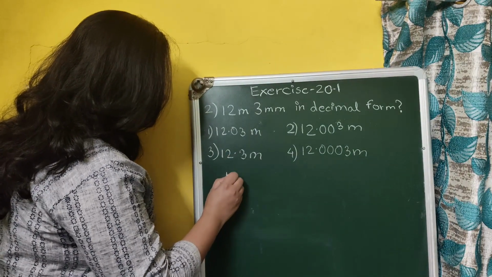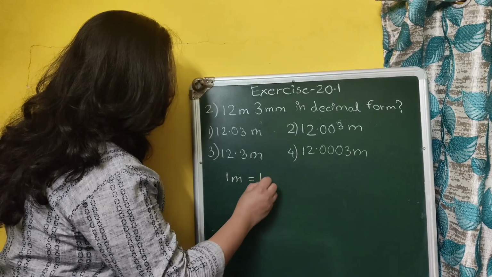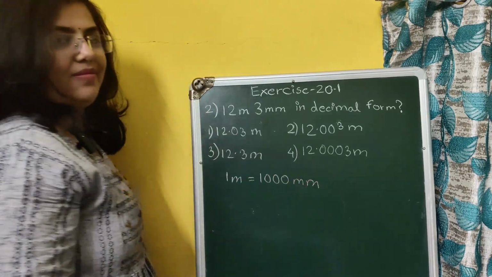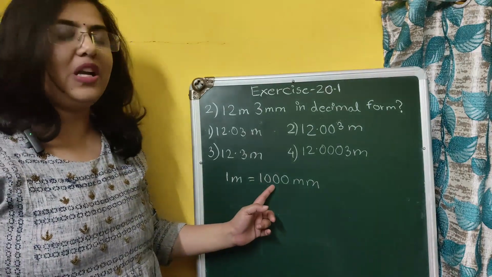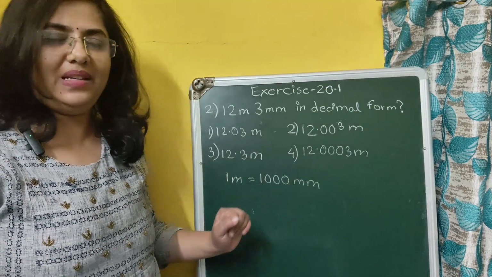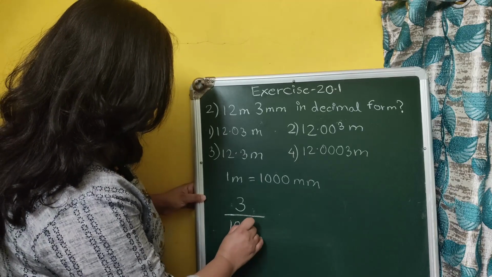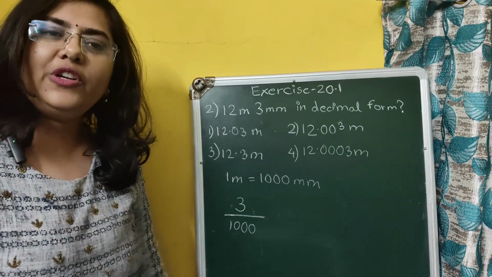Now let us see. 1 meter is equal to 1000 millimeters. 1 meter is equal to 1000 millimeters. Divide 3 by 1000. How are we going to do it?